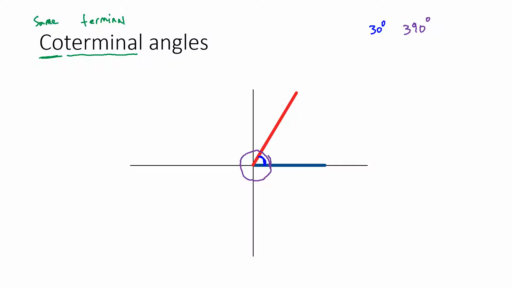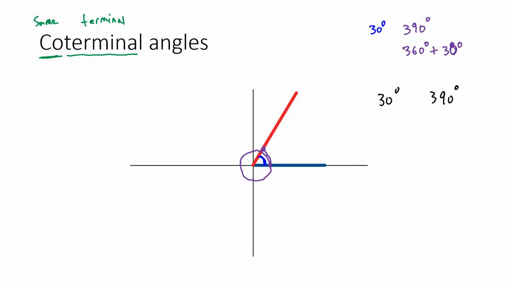But now I need to do another 30 to end up at 390. So this 390 represents a full rotation of 360 degrees plus 30 degrees, which puts me back in the same spot. So 30 degrees and 390 degrees are coterminal. They end in exactly the same spot.